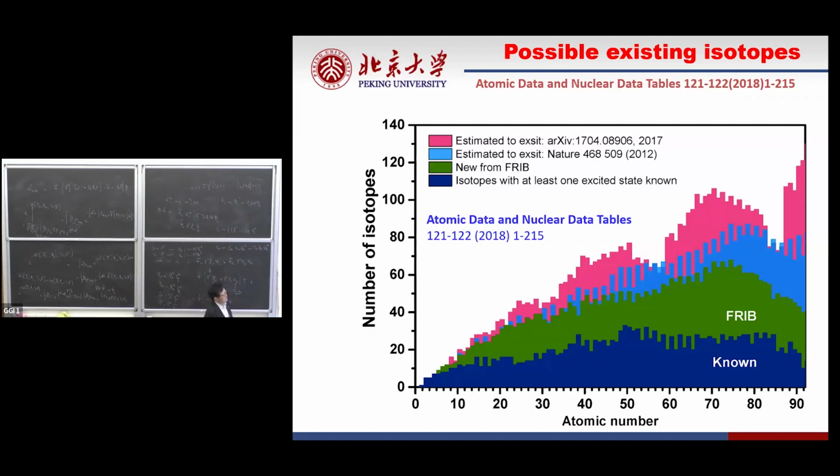And this color means the region where facilities like FRIB could be expected to find nuclei. It's a very, so to say, optimistic estimate. And then this is the other approach, the other model. This is after including the continuum. So you will see the nuclear chart expanded by more than 20%.